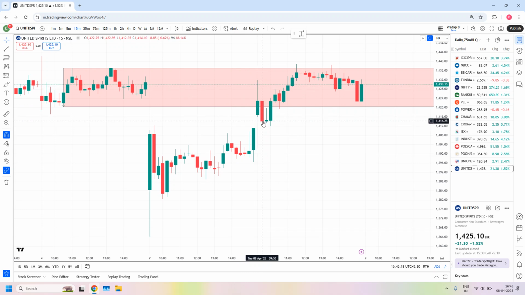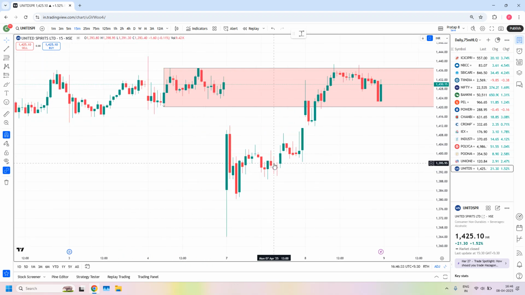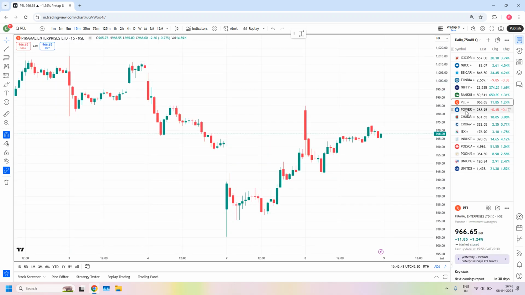But after that the zone is gone, because here with 7 base candles, in at least 90 or 95% of scenarios, the zones will be violated. So this is the reason why we didn't get any HLQ zone trades today. The only one, the Power Grid, not PEL or Power Grid, Power Grid.